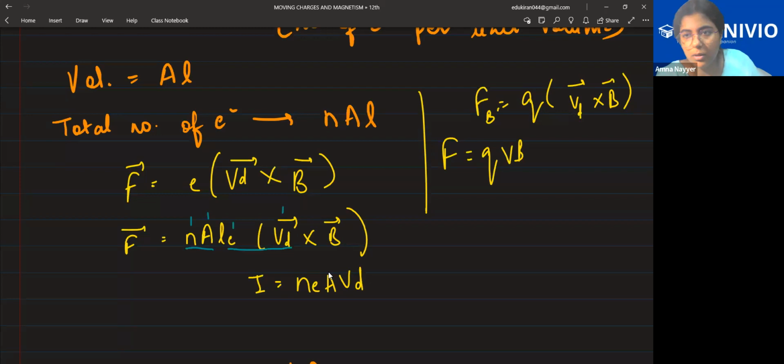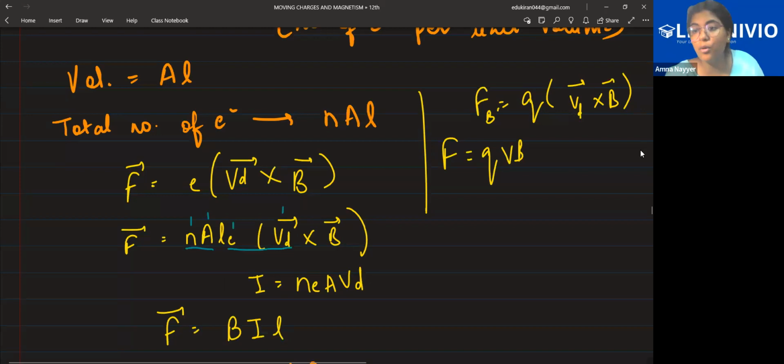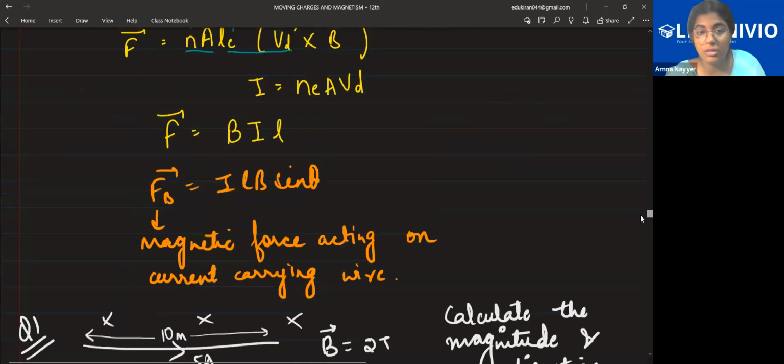Now what we can do is replace this. The magnetic field is there, now current, and now length will come. So this is the formula which we will be using.